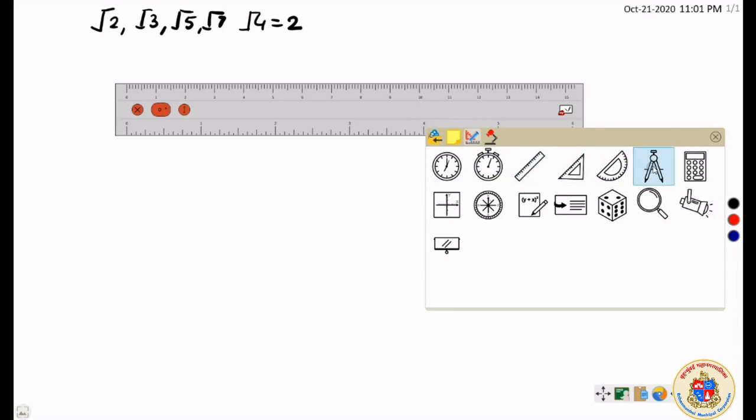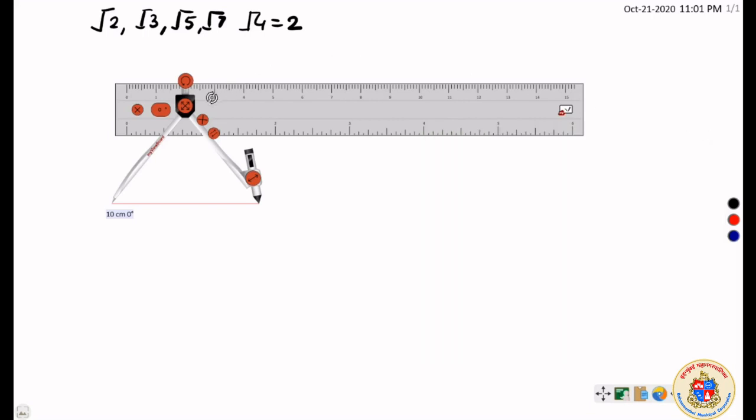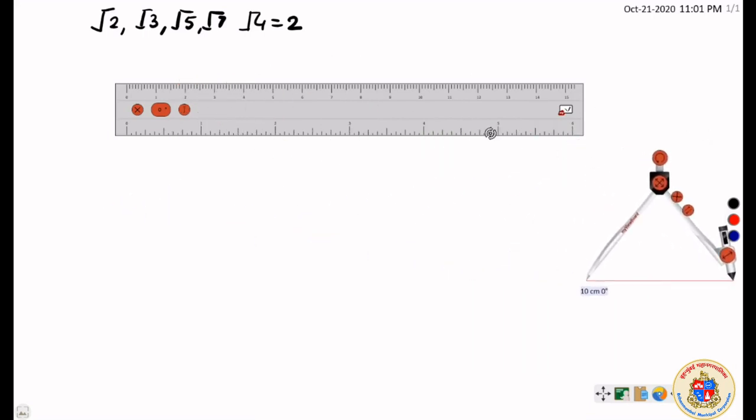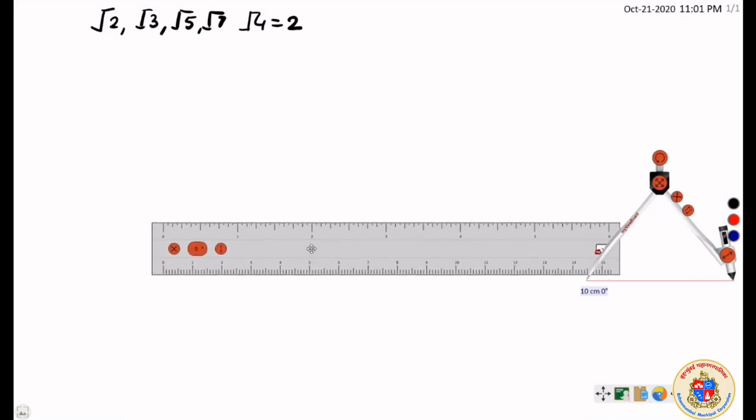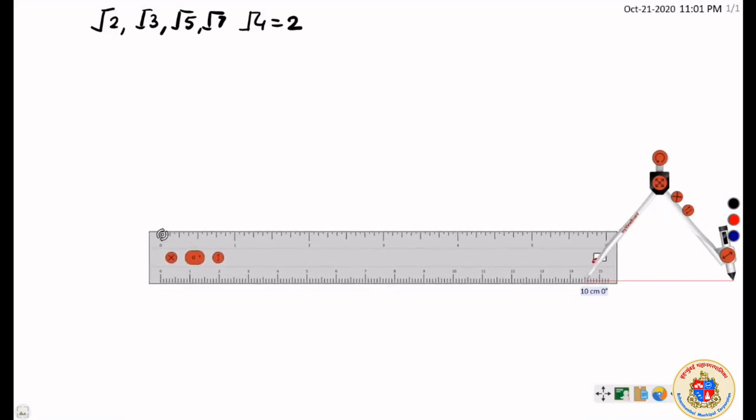We need at least a compass and scale for any such construction. So I'm taking them out first. Then I'm taking a little bigger unit here so that you can see it perfectly. These are not in centimeter or meter, this is just a unit, and the concept is also like the unit concept.